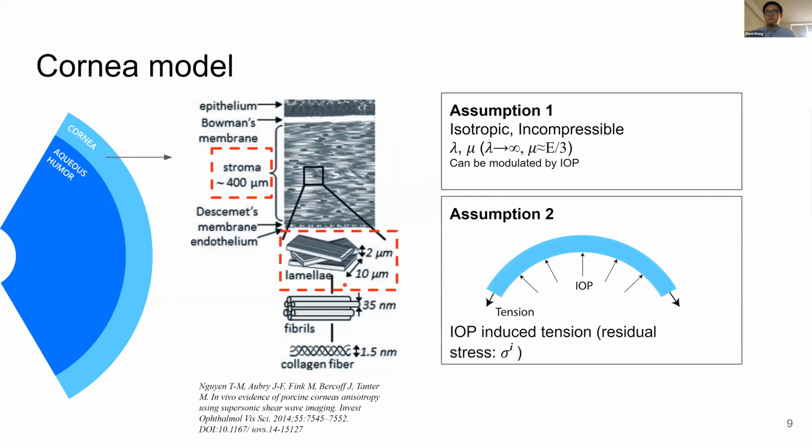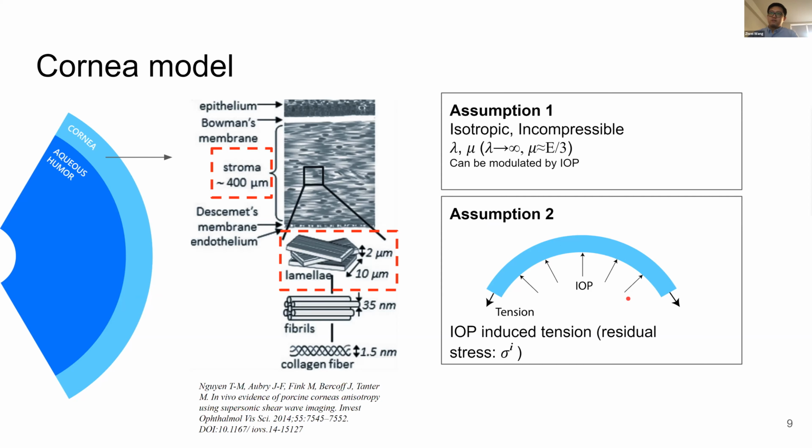Another thing to consider is the in vivo state of the cornea, specifically in this case the presence of the intraocular pressure. We think that the intraocular pressure will induce tension in the corneal layer.